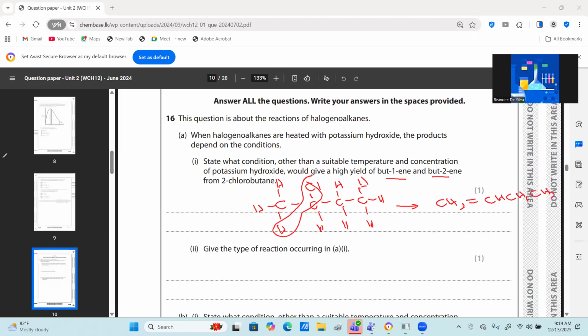If it removes the other way, I'll use another color to show that. If it is removed like this, then you get CH3-CH=CH-CH3. This is but-2-ene. So we can see the HCl molecule has been eliminated, so we can call it elimination.